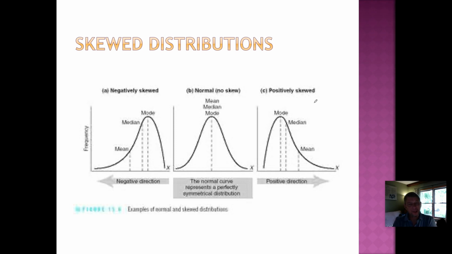Now, if, on the other hand, you have a negatively skewed distribution, that means that your mean, I'm still in yellow, is less than the mode, or the median for that matter.